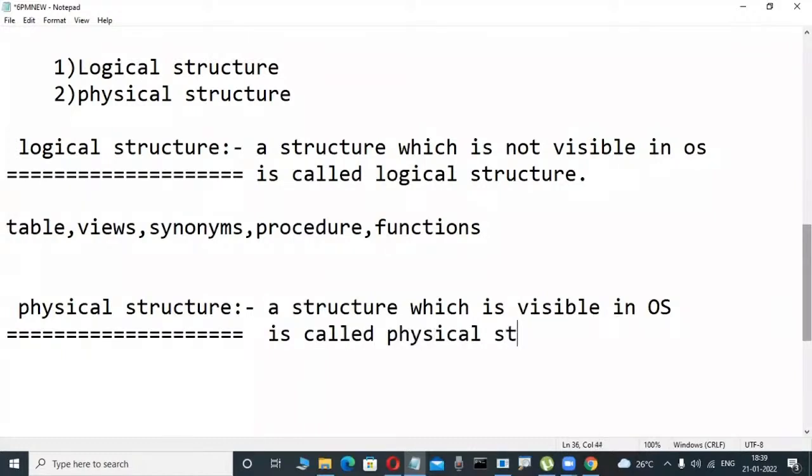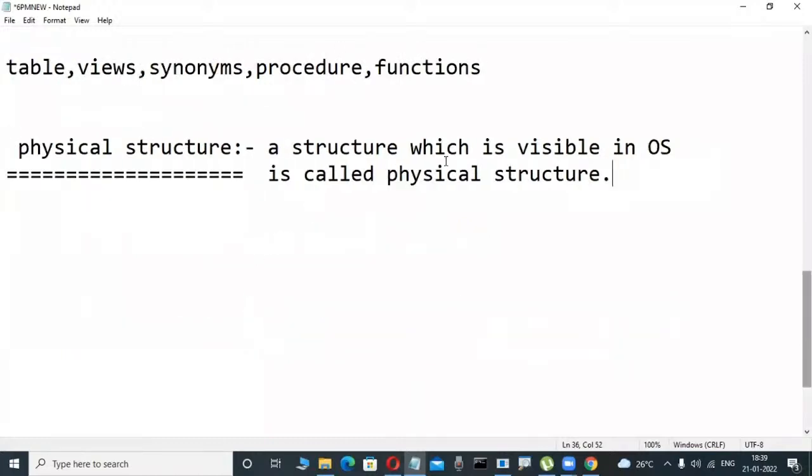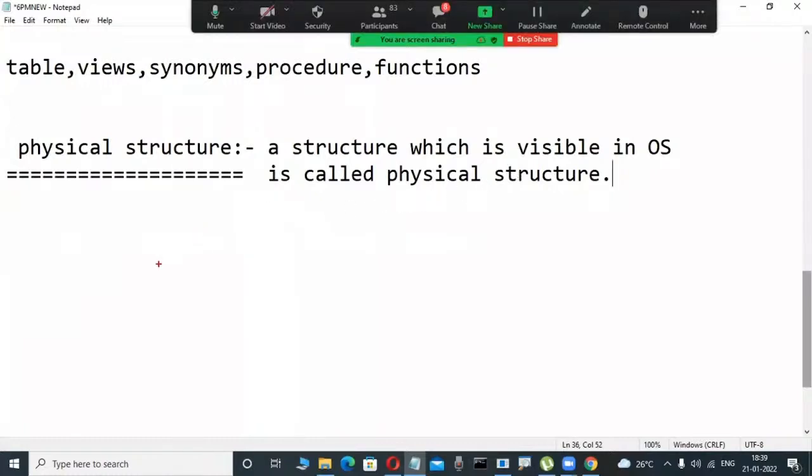Who are the persons working in this physical structure? It's a big concept. I'm telling the definition side only, because what a database is, I will tell you which definition is correct. A structure which is visible in the operating system is called a physical structure. Suppose I am installing software, you are installing software, some physical files are created on a disk. Suppose PowerPoint, MS Access, MS Word, anything we are loading, physical files are created.